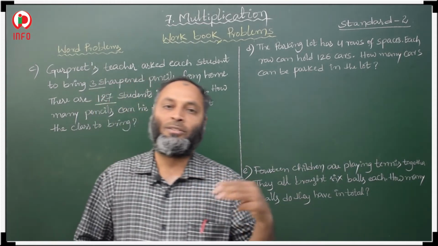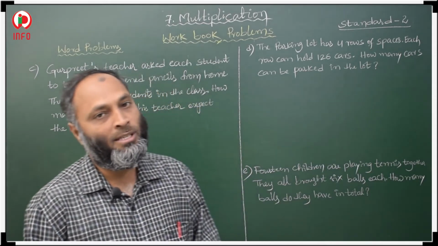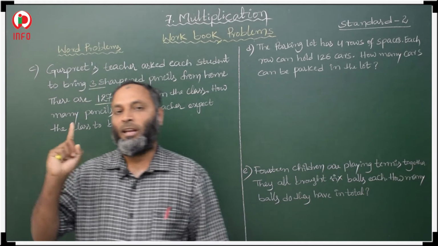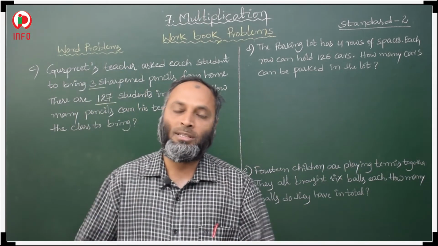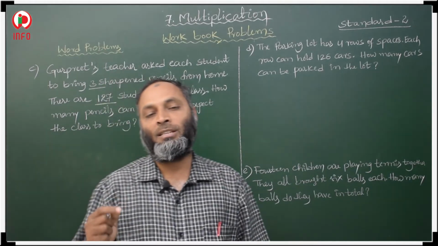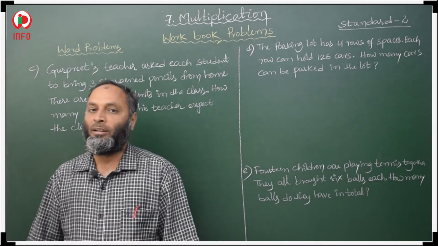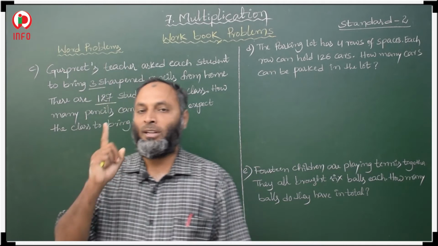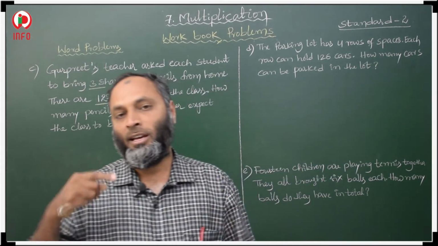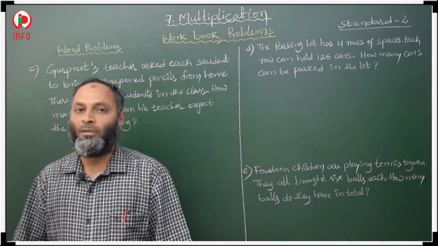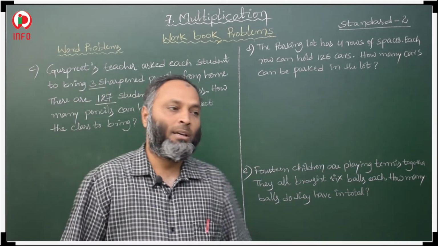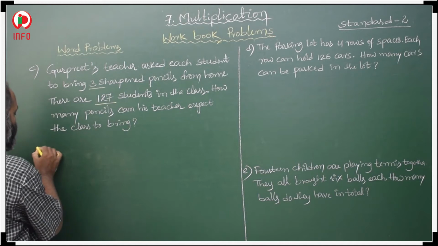About 1 student is given, and 1 student should bring 3 pencils. Then for 127 students, how many pencils should they bring? Unit is given, and more, 127 students, is being asked. What do we have to do? We have to multiply.